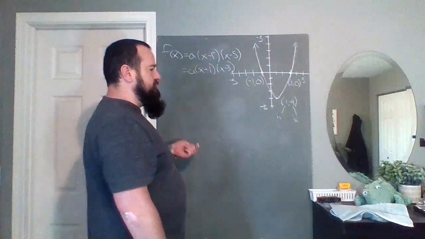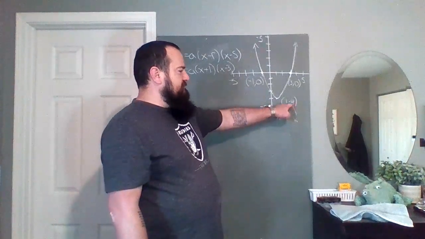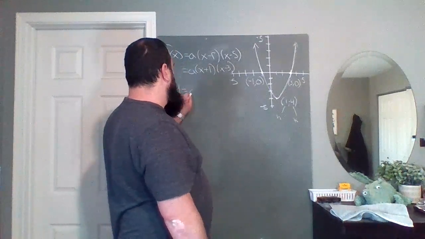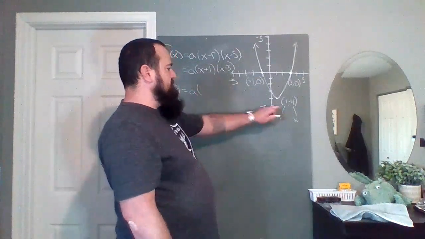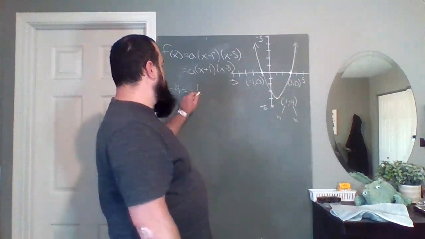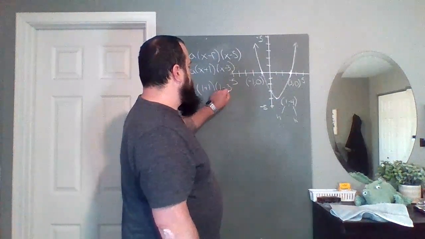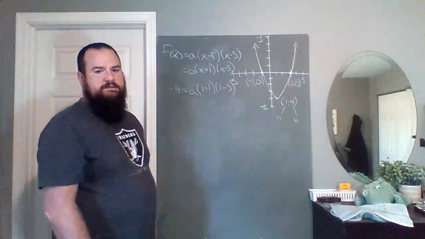We simply create a new equation. So the output of my function is negative 4. So we have negative 4 equals a times, and the input is 1. So this is going to be 1 plus 1 times 1 minus 3.